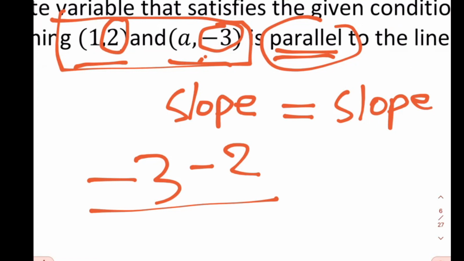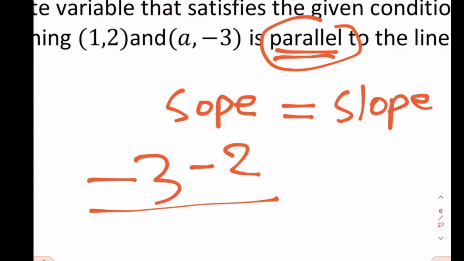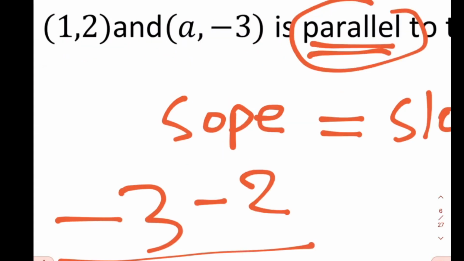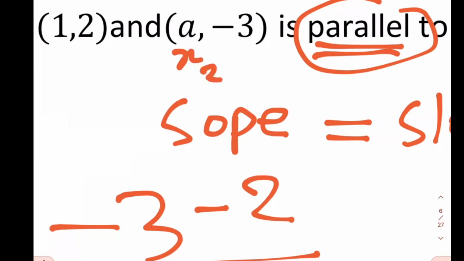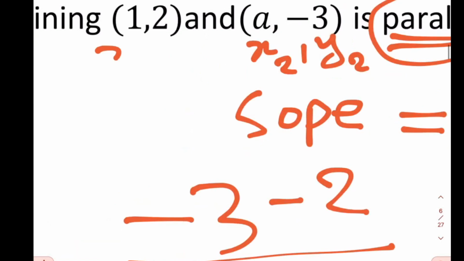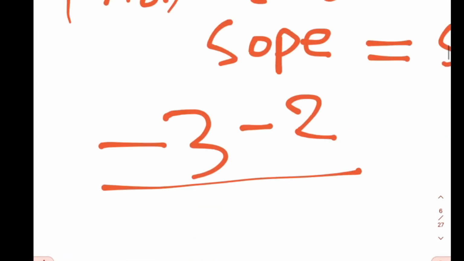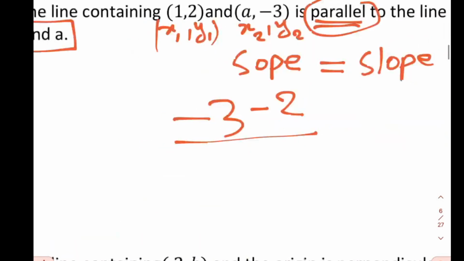And we take a as x2. So this a is x2. This is y2, okay? This is x1. And this is y1. So we get a minus 1. x2 minus x1 is a minus 1.